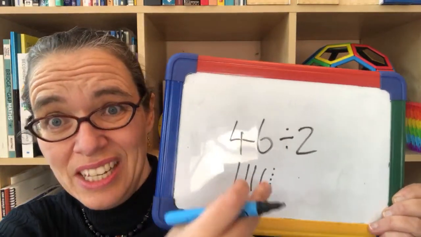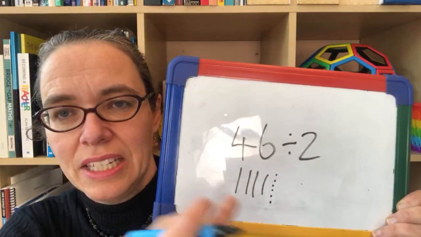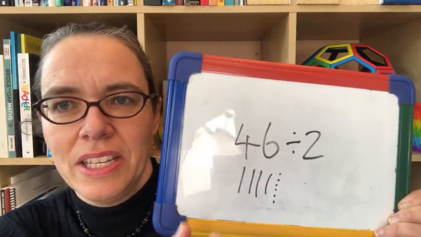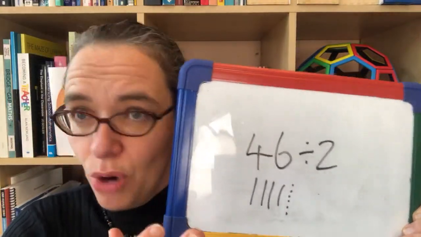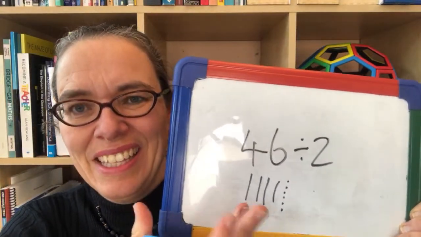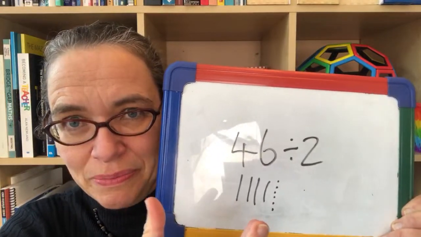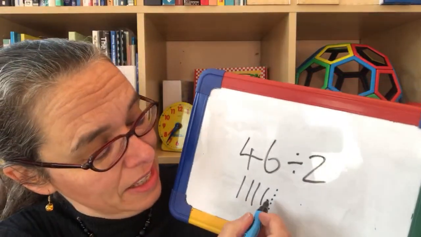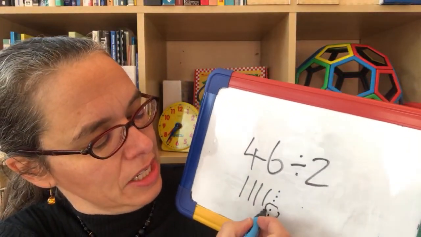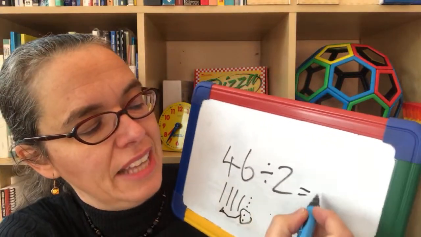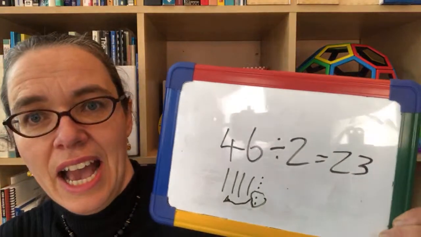Now they could exchange all those 10s for 1s and count groups of 2, and they would get 23. But they're probably going to be much happier splitting that into 2 equal groups and seeing that there are 23 in each group, and just being able to answer that question anyhow.